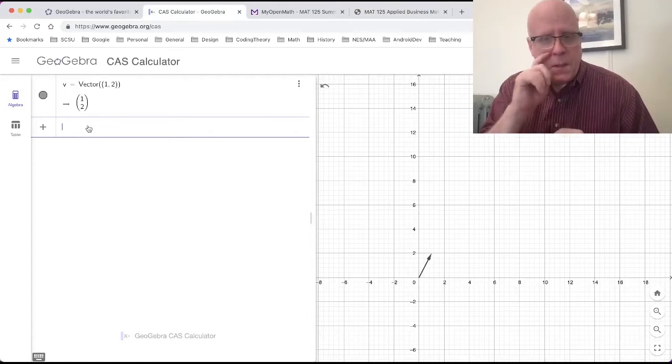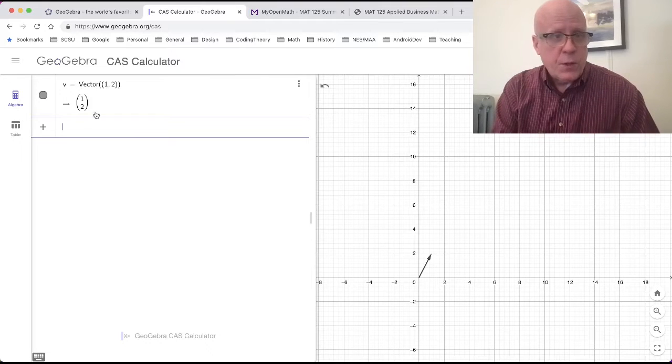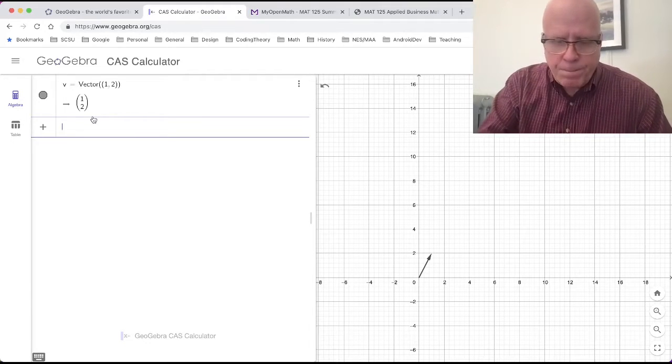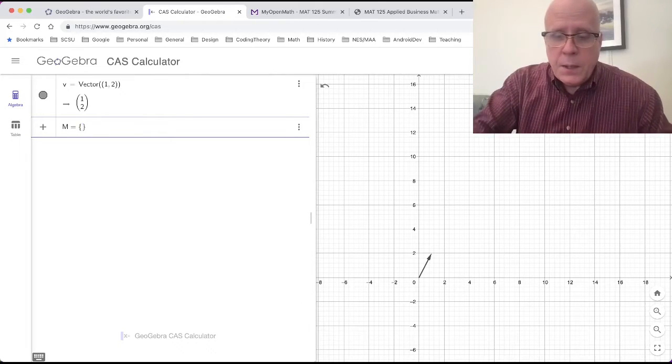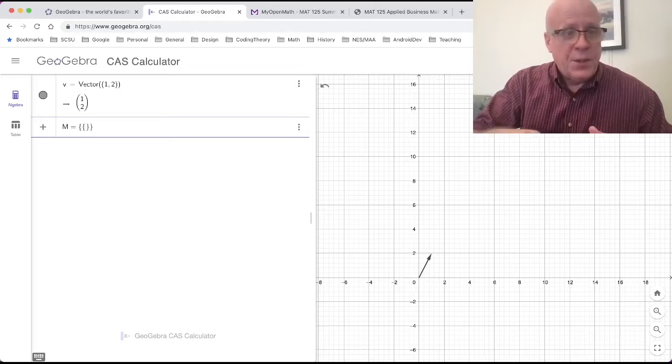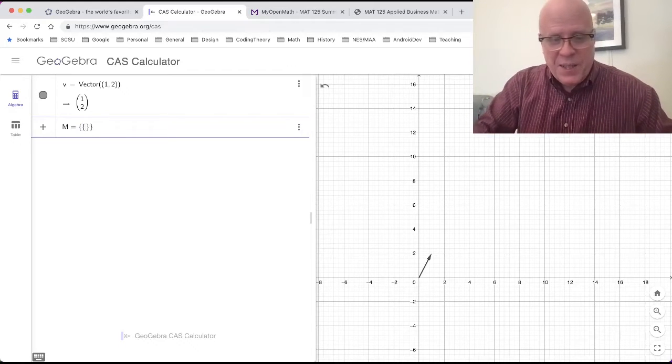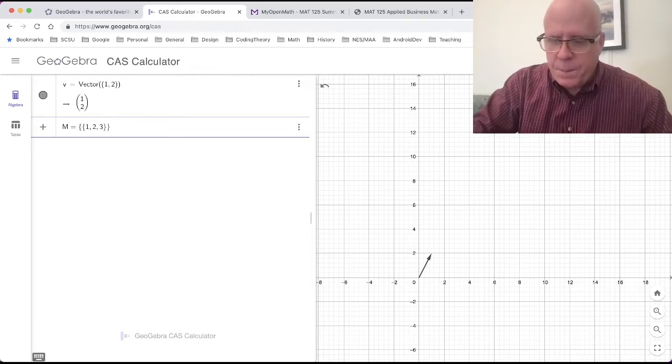By the way, to input a matrix in GeoGebra, there's not a command as there is for the vector. So I'm just going to say M is this matrix. Here's how you do it. Use curly braces to make a list, and the list has lists in it. So we're talking about a list of lists. I'm going to just make up random numbers to put into the list.